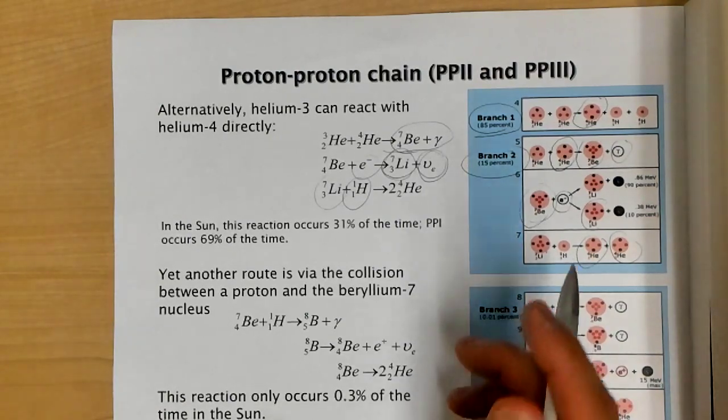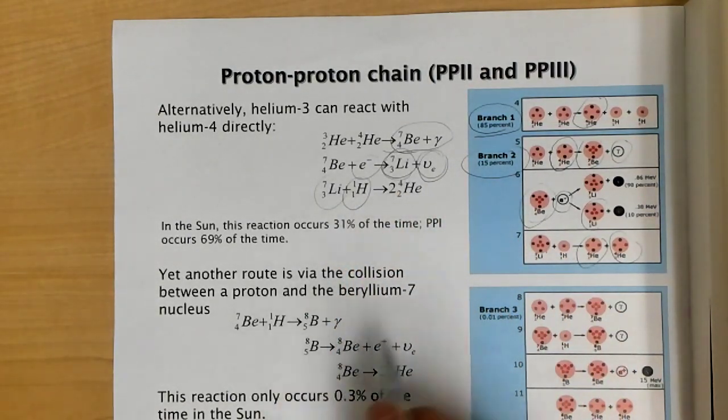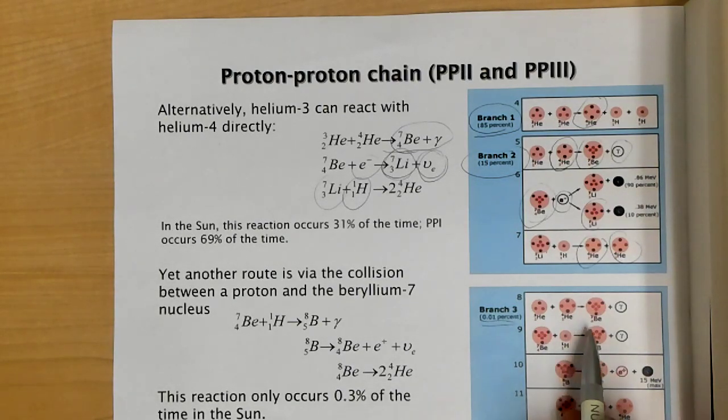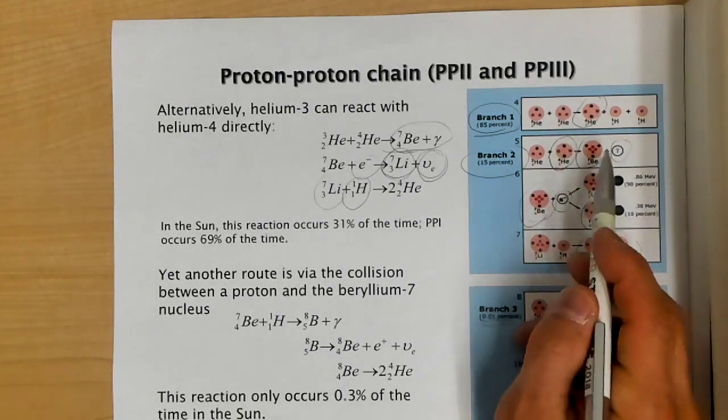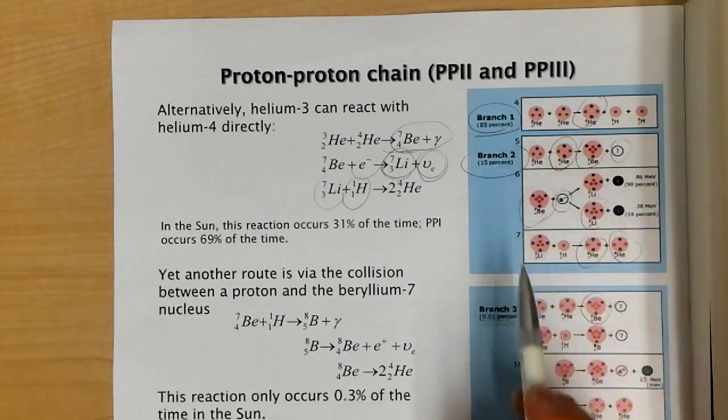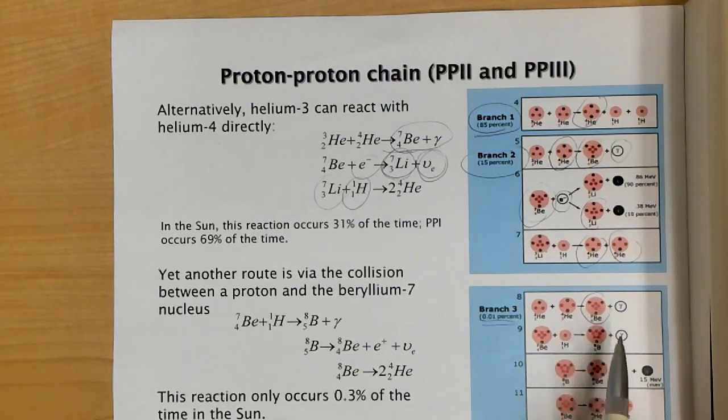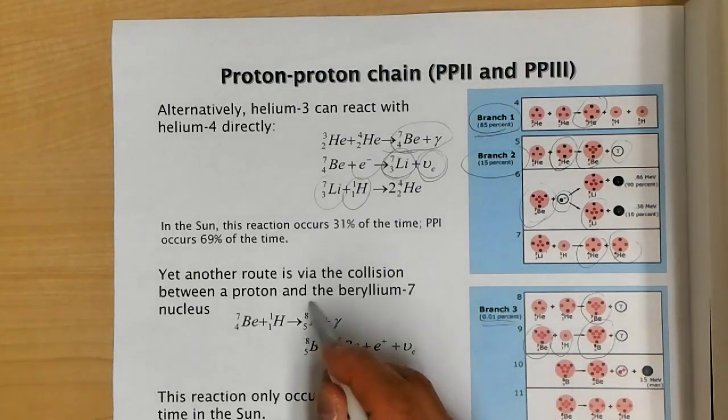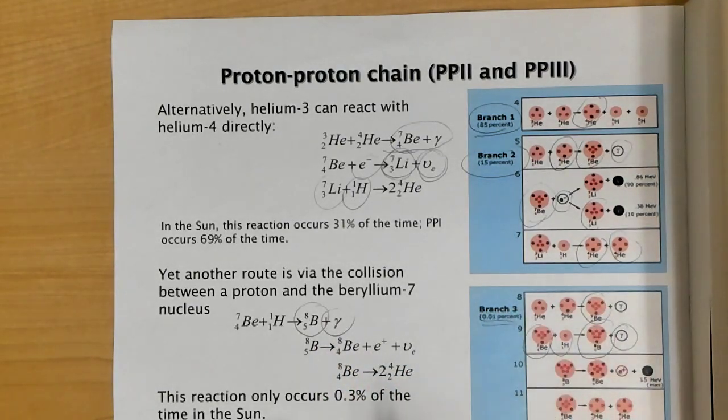another route, which happens only about 0.01% of the time, is that once you produce the beryllium-7, as we've discussed, from helium-3 and helium-4, the beryllium-7 can combine with a proton to form boron-8 plus a photon.